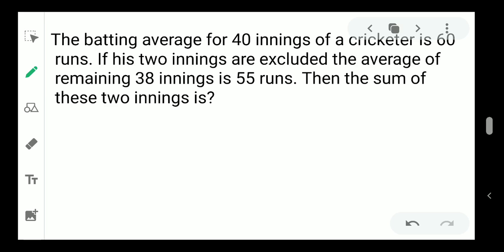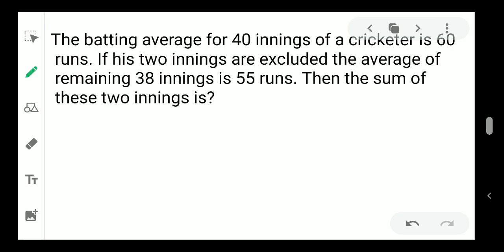You know that in cricket there are something called innings in T20 match or test match, I think. Because I'm also not very much familiar with cricket, but still, 40 innings, the cricketer's average batting is 60 runs. Okay, so in 40 innings he has made 60 runs.